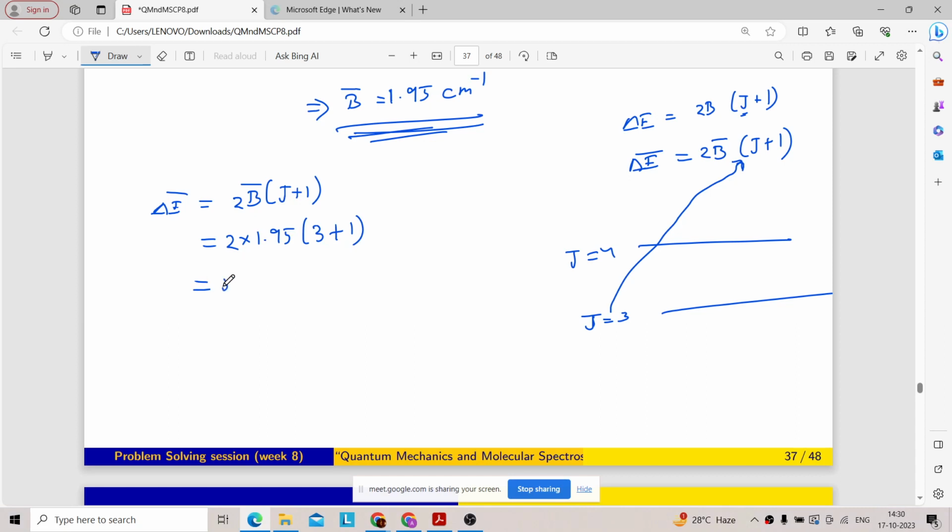So this will give us 8 times 1.95, or 15.6 centimeter inverse. So if there is a transition between J equal to 3 and 4, the transition line will be 15.6 centimeter inverse.